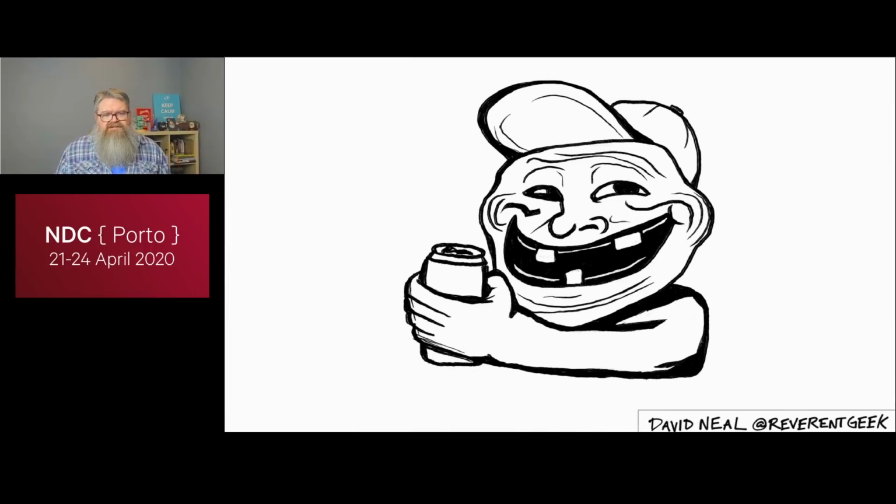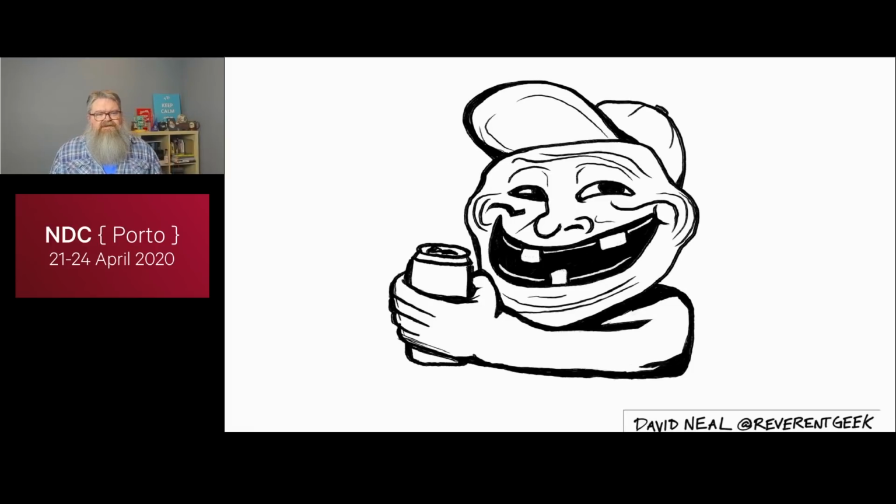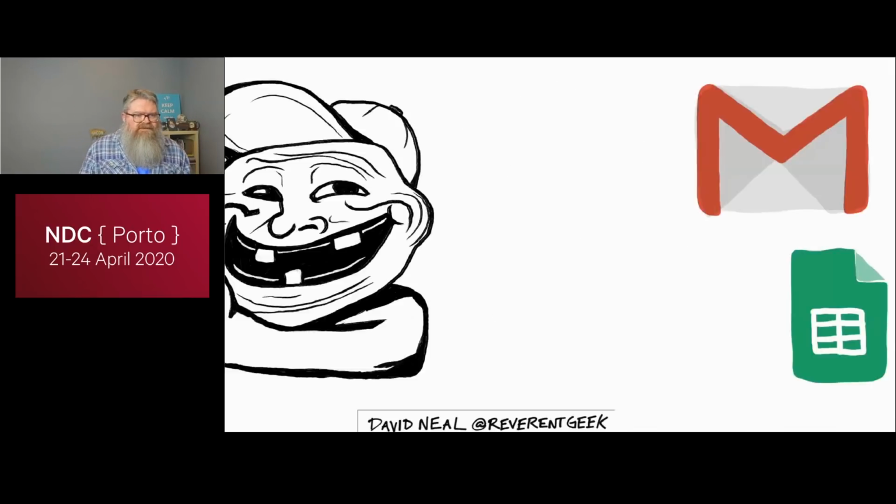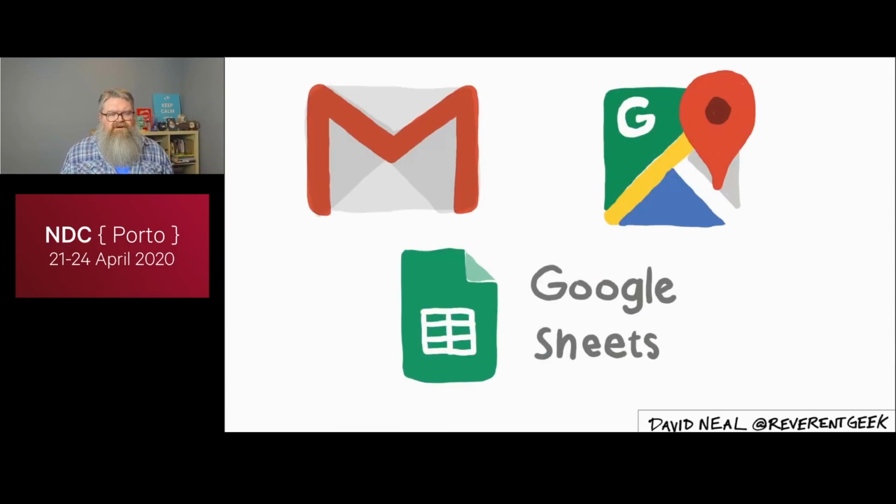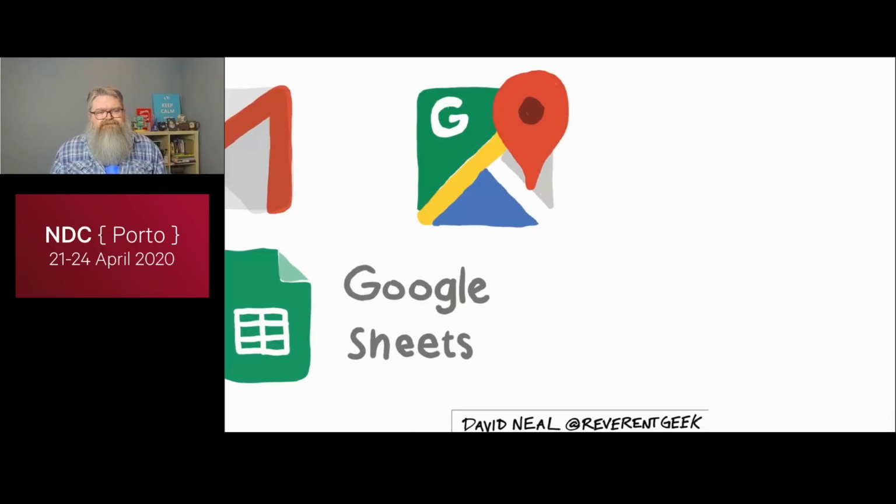Despite the weirdness and the warts of JavaScript, there are amazing things that continue to be created with the language. I mentioned this earlier, but applications like Google, Gmail, Google Maps, Google Sheets, these changed the landscape for web developers and help us to realize what we could do with the browsers and the JavaScript language.